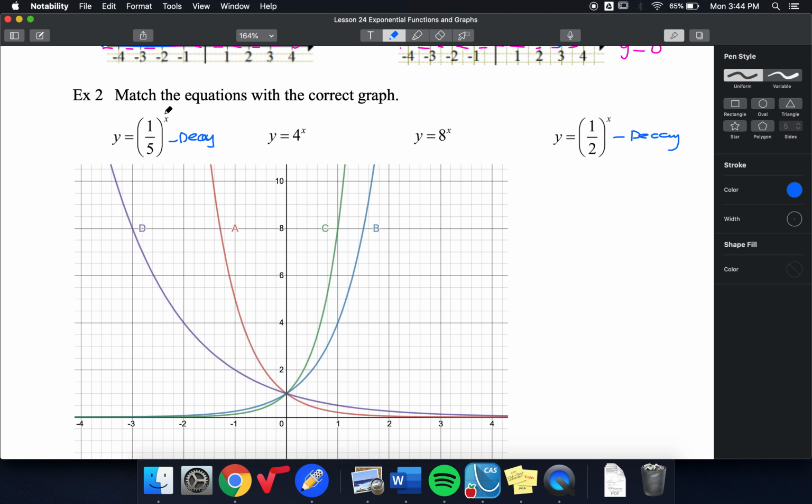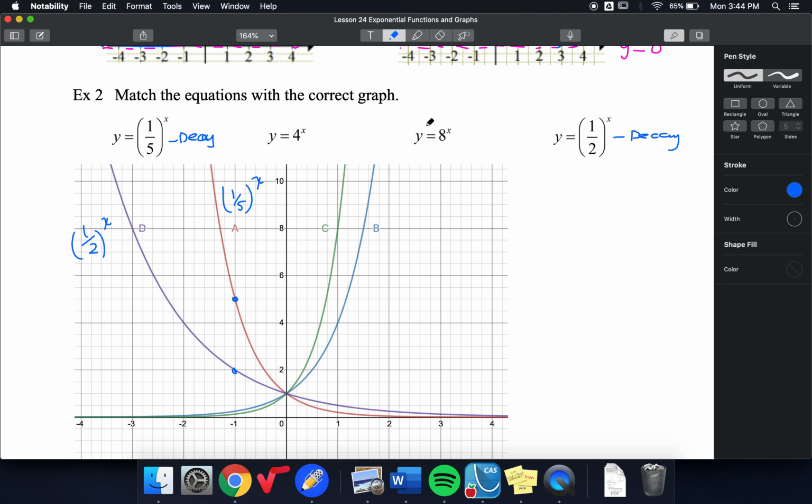Over here, negative 1 as the x value will give me a y value of 5. So (-1, 2), (-1, 5). A must match with (1/5) to the x. This one that's decreasing less rapidly, so this one decreases much more rapidly. This one must be (1/2) to the x.